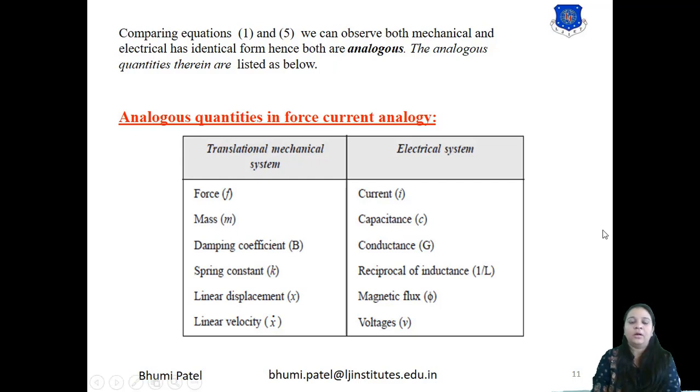Force is directly equivalent to current, mass is equivalent to capacitance, damping coefficient is equivalent to conductance G, spring constant K is equivalent to the reciprocal of inductance, 1 by L. Linear displacement X is equivalent to magnetic flux phi, and linear velocity X dot is equivalent to voltage V. So these are the analogous quantities in the force current analogy.